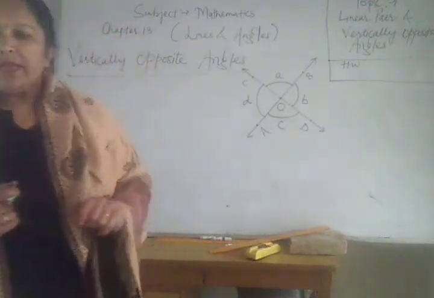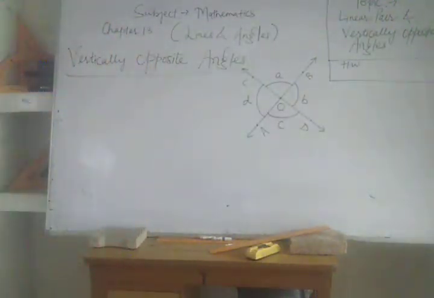Then we can say the pair of angles that lie opposite each other are called vertically opposite angles.